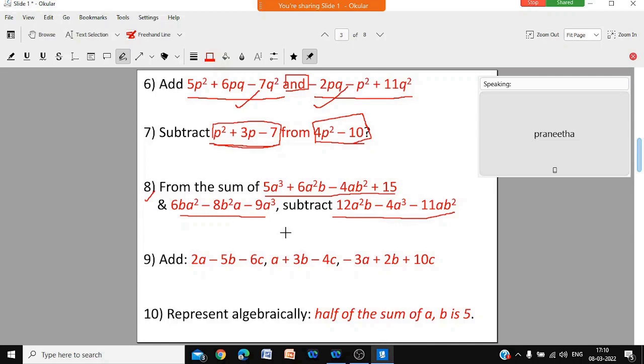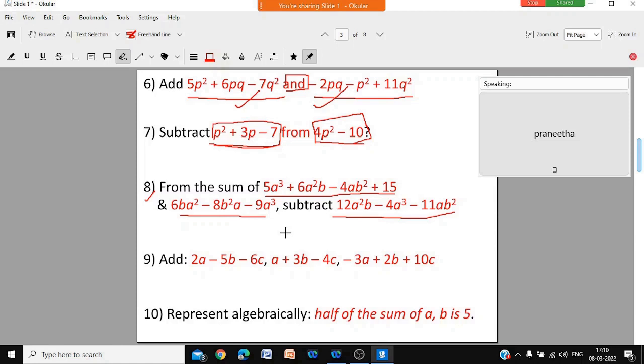From the sum of 5a cubed plus 6a squared b minus 4ab squared plus 15, and this quantity and 6ba square minus 8b square a minus 9a cubed, subtract 12a square b minus 4a cubed minus 11ab squared. From the sum of the first quantity and the second quantity, subtract the third quantity.